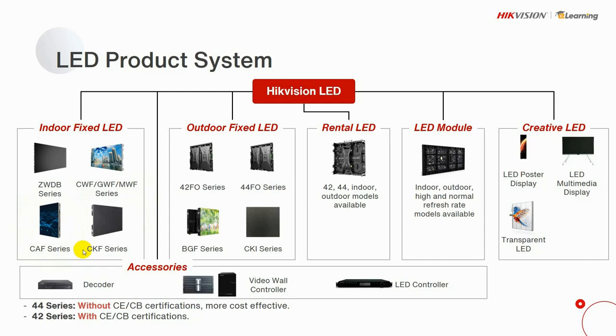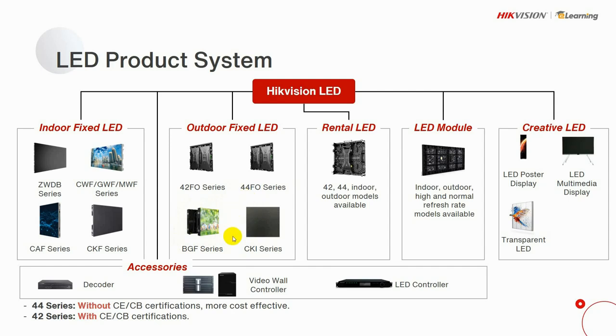And at last is CKF series. For outdoor series, normally we have 42 or 44 FO series. If there is no suffix at the end of the model number, it is an SMD product. And BGF series, which is also an SMD product, is a little bit more expensive.